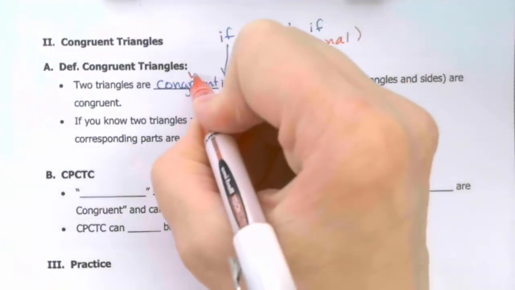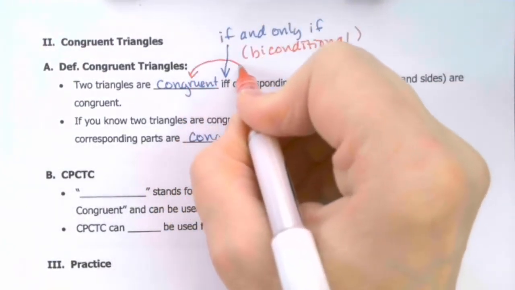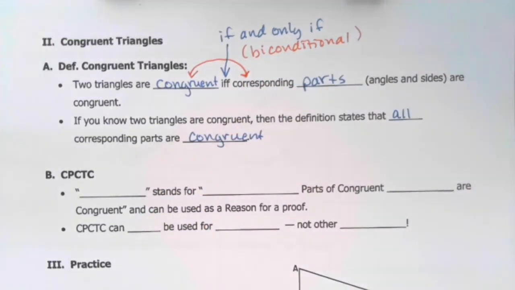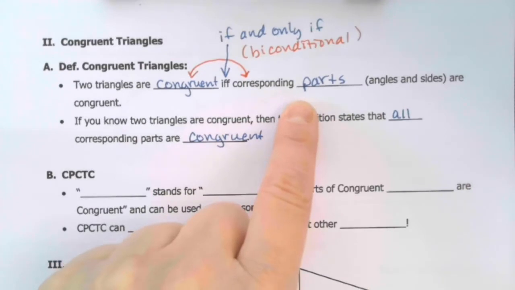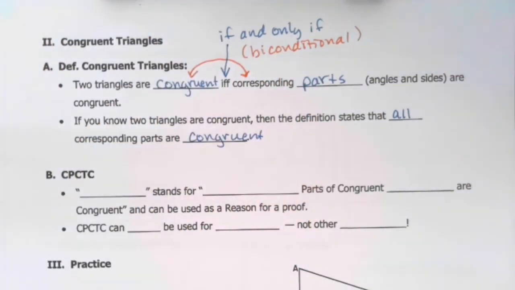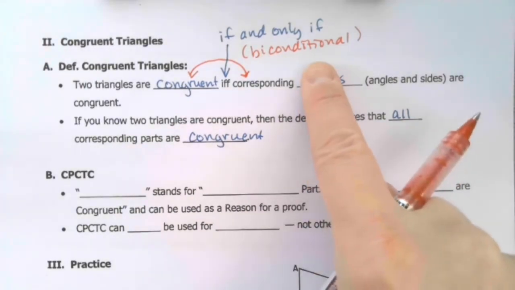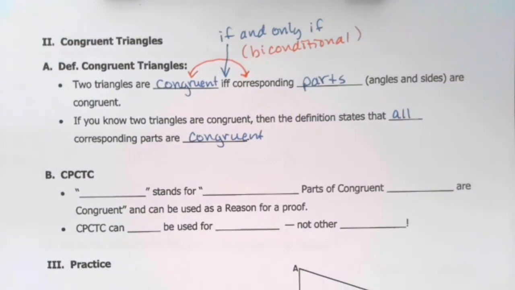It means the phrase that comes first and the phrase that comes second go both ways. You can say if the triangles are congruent, then their parts are congruent, or you can say if corresponding parts are congruent, the triangles are congruent. It goes both ways. It can be taken either direction.